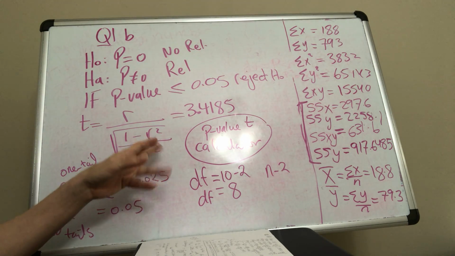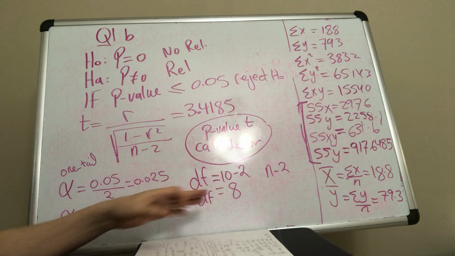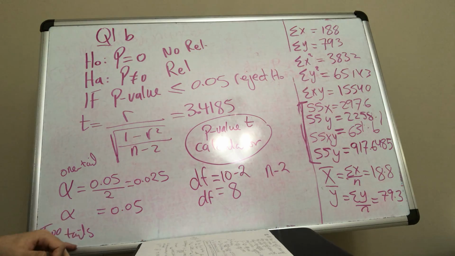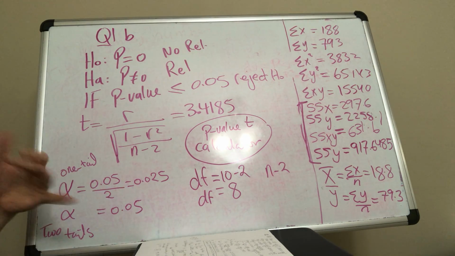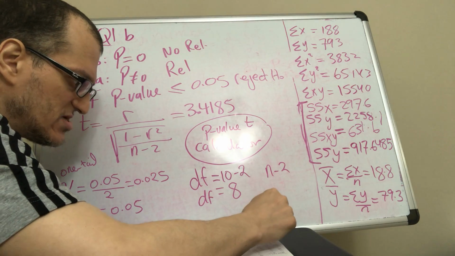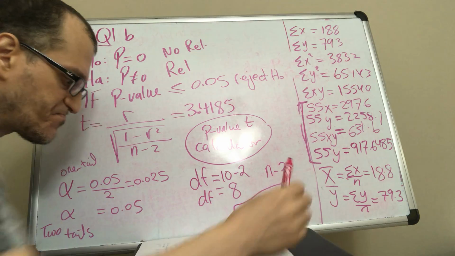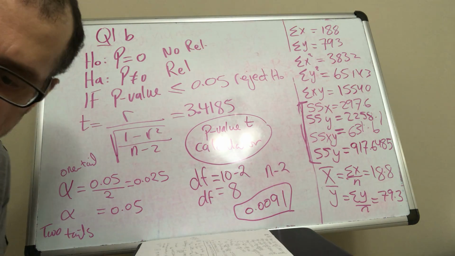So you go to any website, such as a p-value t calculator, put the degrees of freedom 8, 5% if it's two tail, and 2.5% if it's one tail. I did it earlier, and the p-value was about 0.091. So you're ready to make a conclusion.